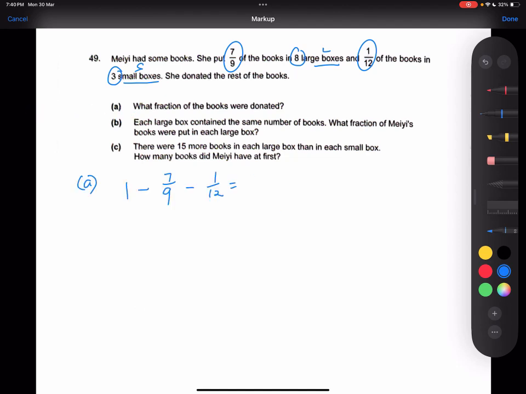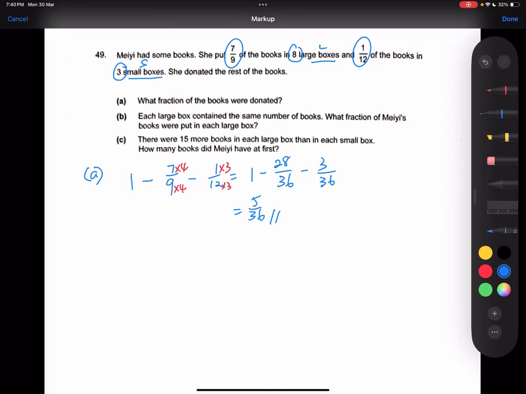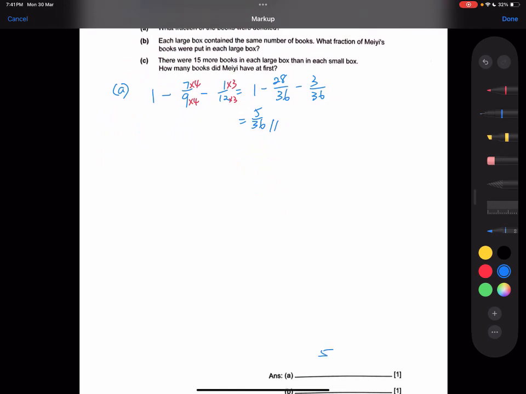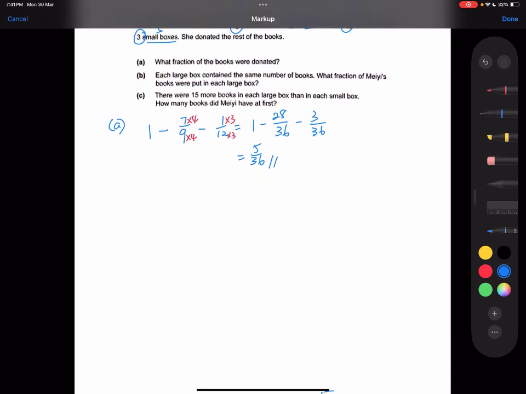Okay, now let's change this to common denominator, times, six minus 3/36. So it's 5/36. Okay, she donated 5/36 of the books. So the answer for part A is 5/36.